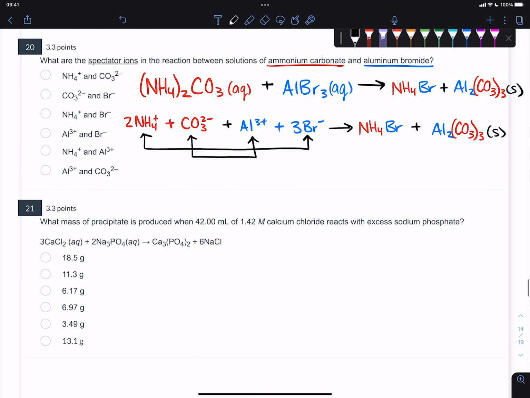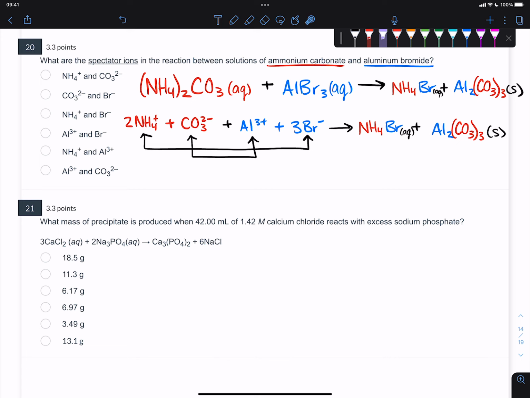So this is going to remain aqueous, and I'll put the aq here as well. Now, what does that mean for our molecular formula? Well, for the top one, we don't have to really change anything. We have the ammonium carbonate mixing with aluminum bromide to produce ammonium bromide and aluminum carbonate. This is our precipitate, which means it's going to stay together in this form.